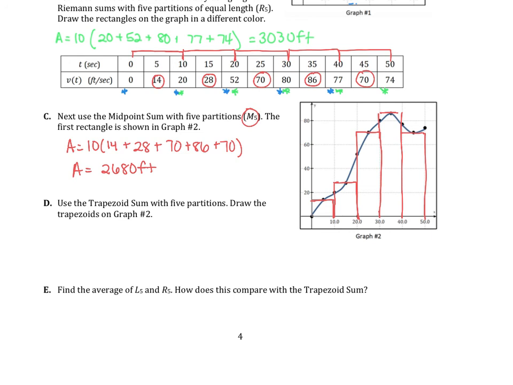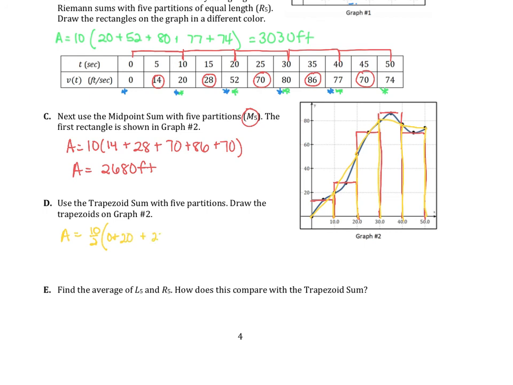Okay, so now let's look at the trapezoid sum. And if we look at the trapezoid sum, if I draw my trapezoids in here, oh, that one didn't go straight. None of these are super straight. Sorry about that. So if I do my trapezoids, I know that this is going to be 10 divided by 2. My first trapezoid has a height of 0 for one side and then 20 for the other.